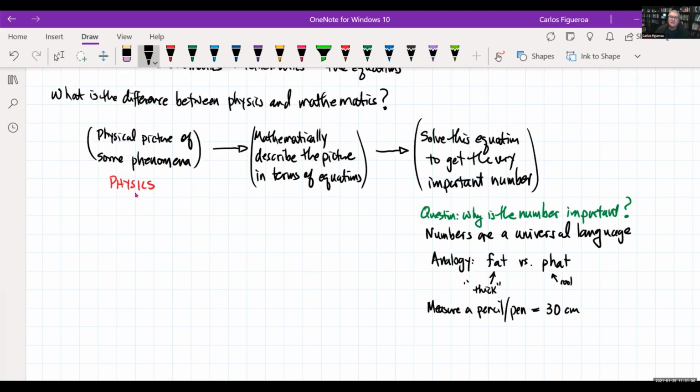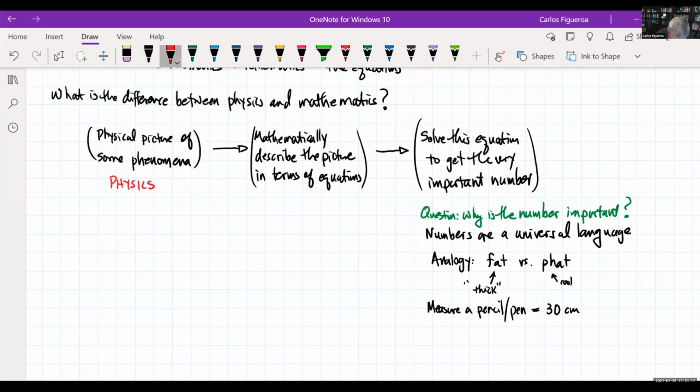If one person measures 30 centimeters, everybody else is going to measure 30 centimeters. So that 30 centimeters is the same no matter what. So numbers are important because they're a universal language.